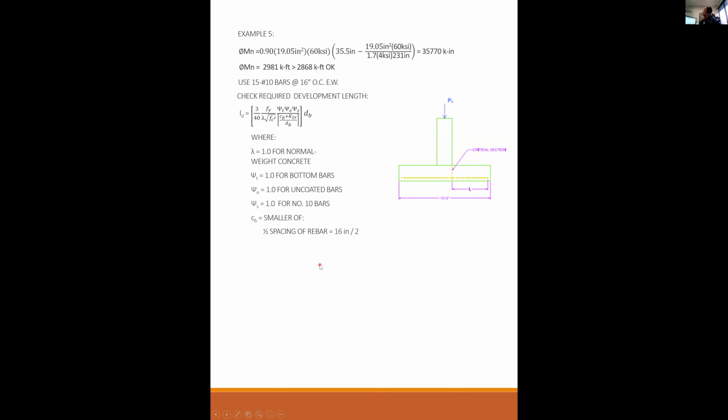CB is the smaller of half the spacing, so 16/2 is 8, or the center of the bar to the nearest face, which is 3.5 inches. That's going to control. KTR is equal to 0. There are no ties. There's no transverse steel in this thing. DB is 1.27 for a number 10 bar.